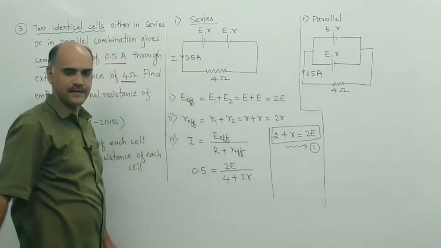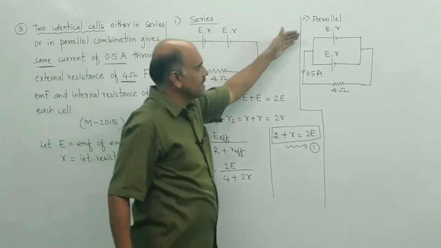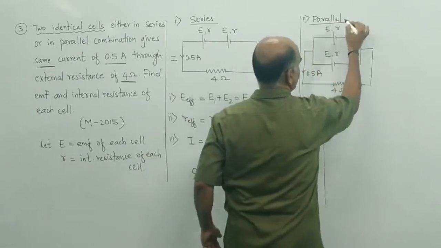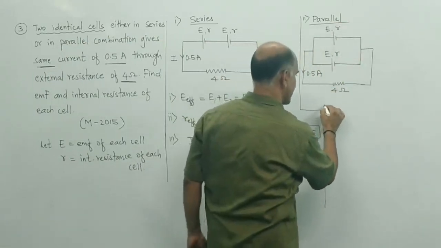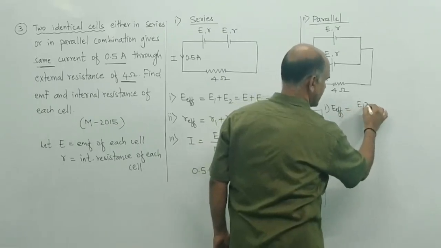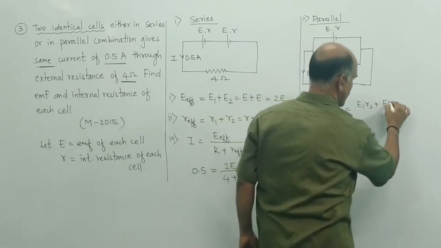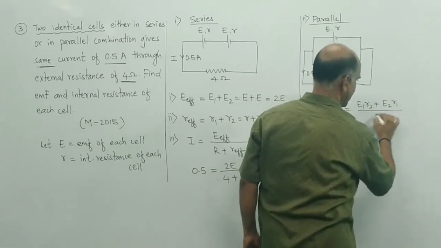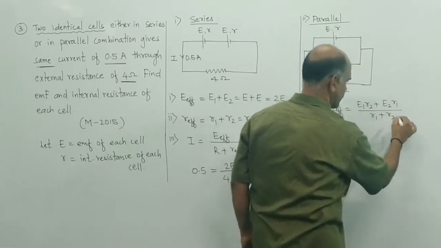For the parallel case, E effective is given by E1 r2 plus E2 r1 divided by r1 plus r2.